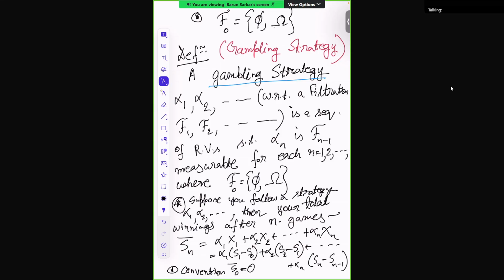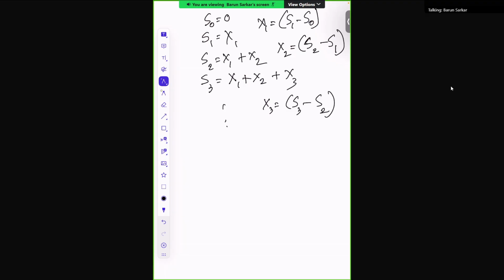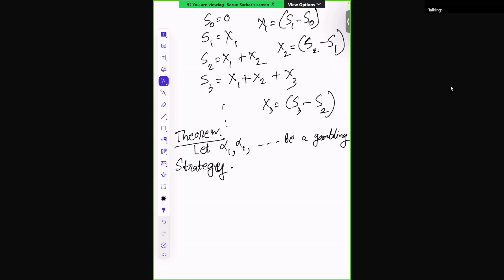So now we'll do one theorem. Let this be a gambling strategy.